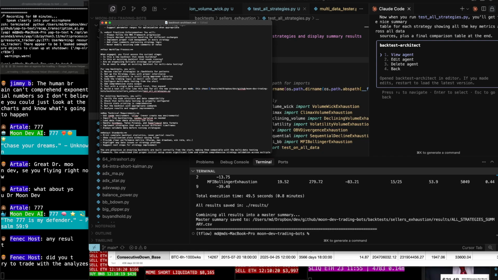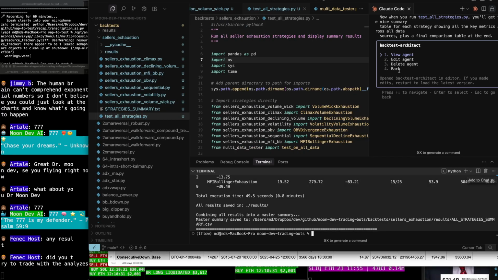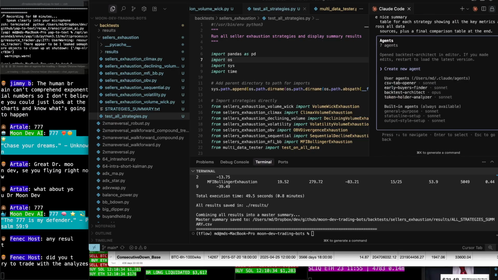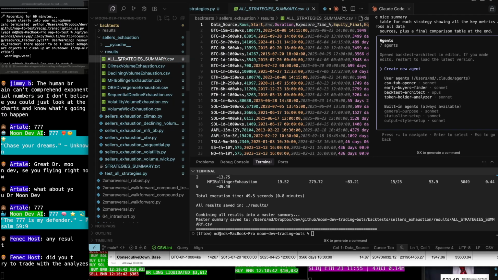This shows what to print. Okay, so let's go ahead and say save here. Okay. Let's say back here. Okay, and then results here. We've got the results, all strategy summary.